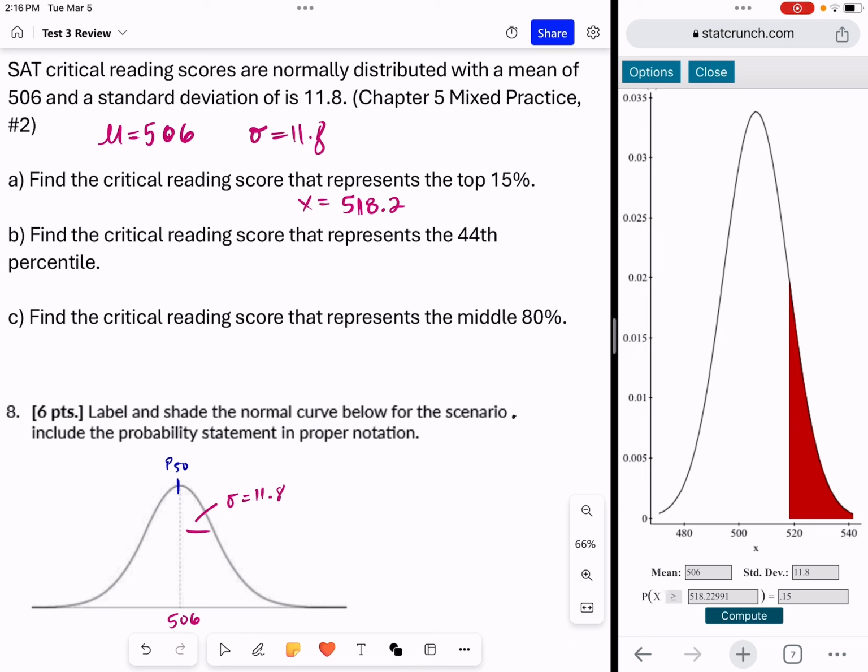Since the 44th percentile is going to be lower, I want to mark it as P44, not just an X. I want to mark this area as 0.44. And again, as far as that proper probability notation, this is what would be going in StatCrunch.